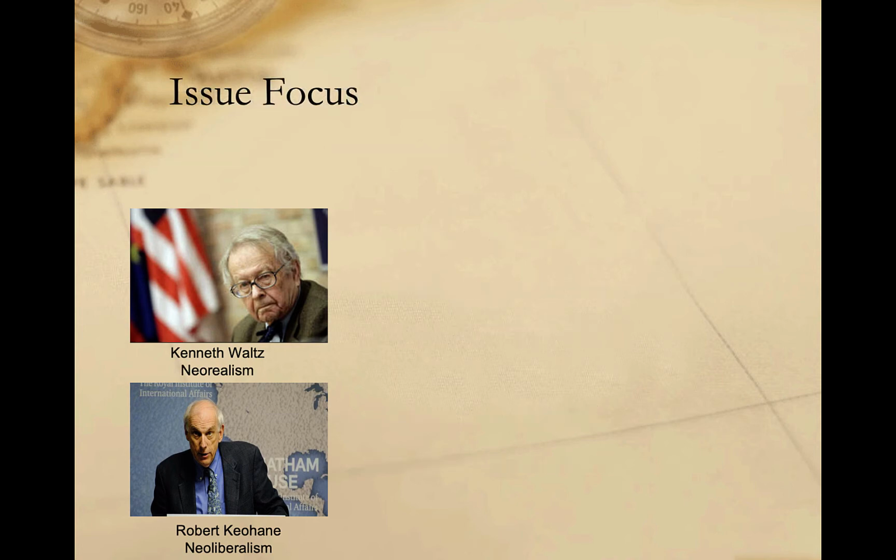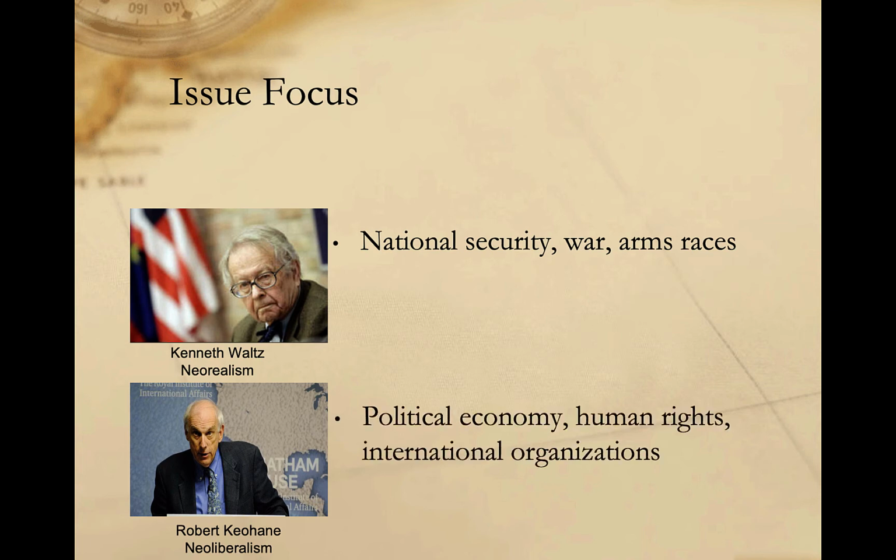As a result of their different takes on the international system and on the nature of anarchy and cooperation, neoliberalism and neorealism tend to focus on different issues in their analyses. Neorealists tend to focus on national security issues like war, arms races, security, and conflict, while neoliberals tend to focus on issues like political economy, human rights, and international organizations.